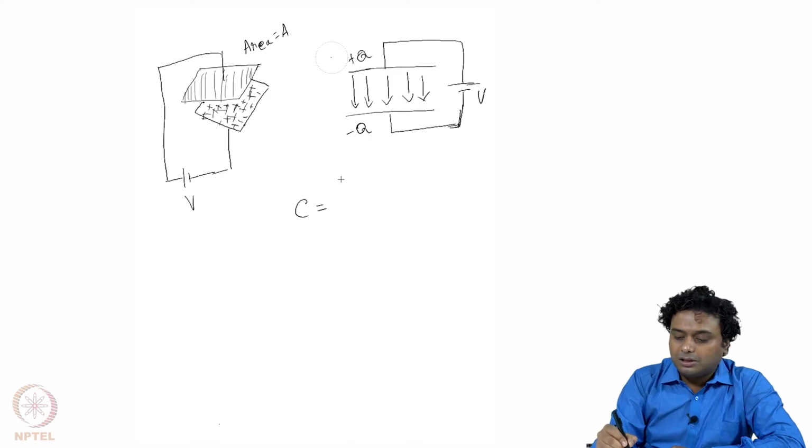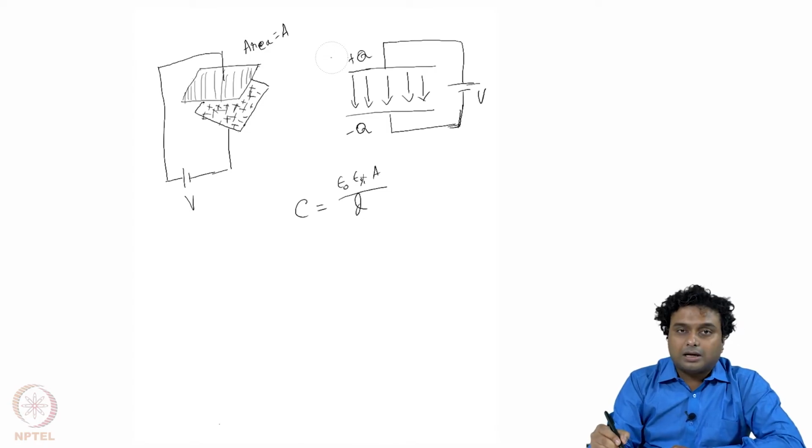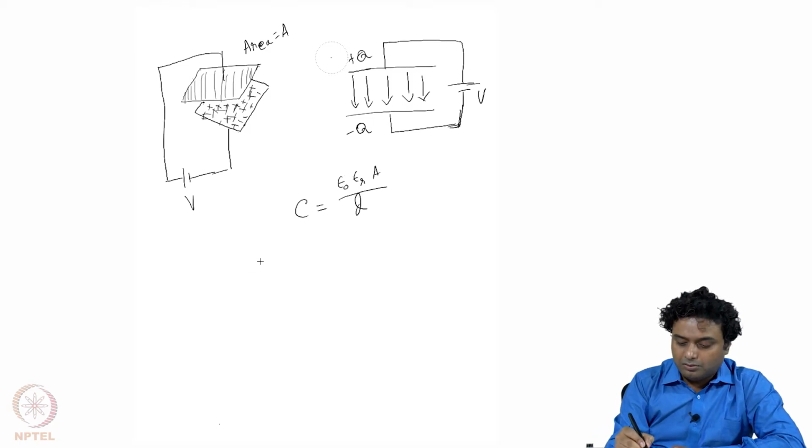This epsilon is actually epsilon naught into epsilon R, so epsilon A by D, okay, and this is the dielectric constant, right, the relative permittivity, epsilon R. If it was just the vacuum or the air, then we would have written only the epsilon naught, and then we know that energy is equal to half of C into V square.